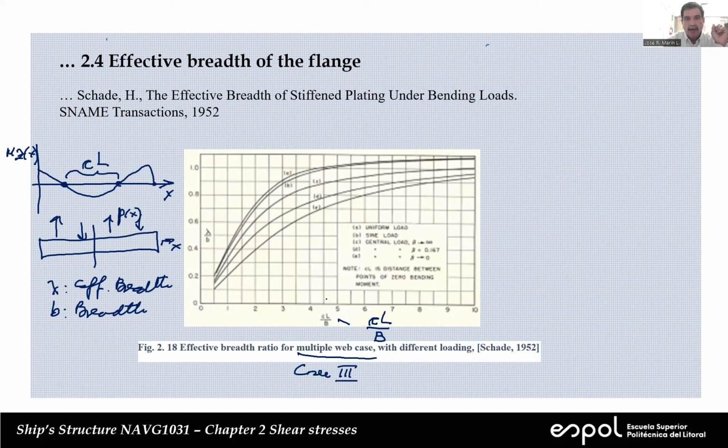Okay, so what we do is, for example, let's suppose that we have the clamped case, a clamped case under uniform load. So we have something like this.